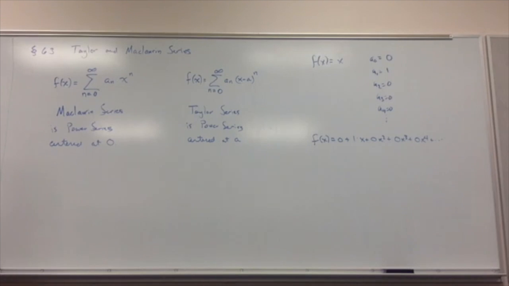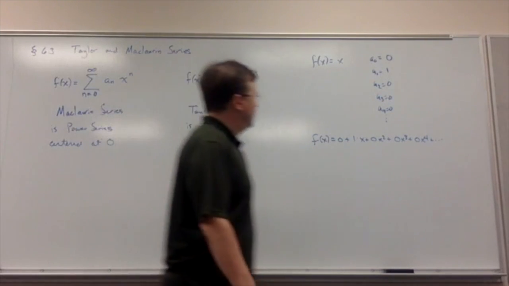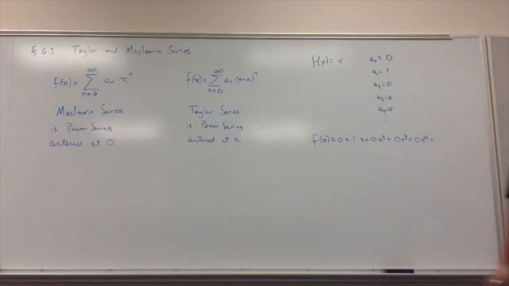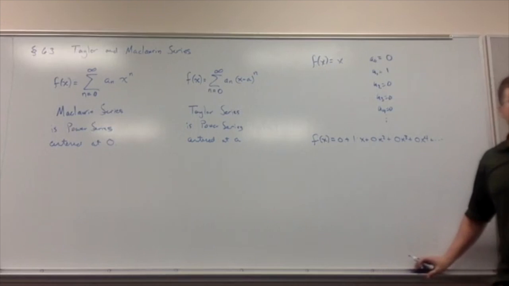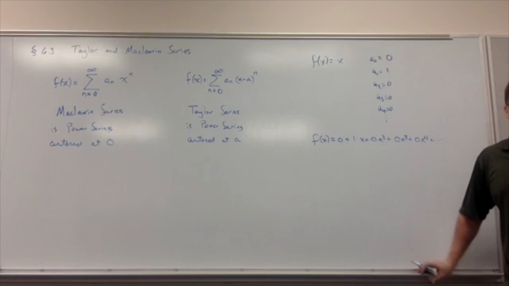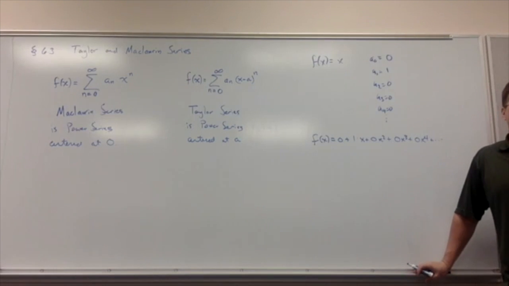Anytime the function is a polynomial, then the power series is self-evident. That's probably a good thing to mention. I wasn't planning on it, but that ought to be recognized. That would be like a test question I could ask that would probably mess everybody up. And then you realize afterwards there wasn't really much to it.